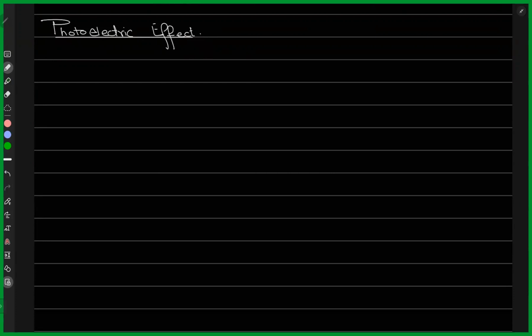Okay, so again, the idea is that you have a metal surface. Suppose this is your metal surface, and what I do is I throw a photon onto it, which is just any electromagnetic radiation. I throw that on it, and what I observe is that it kicks out an electron from the metal surface.